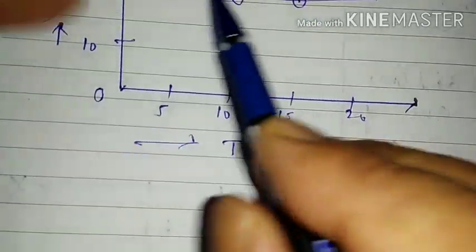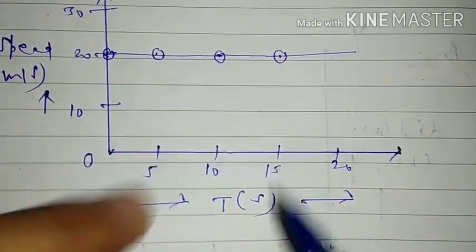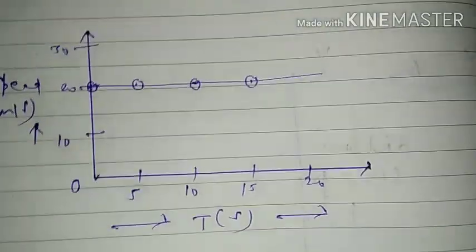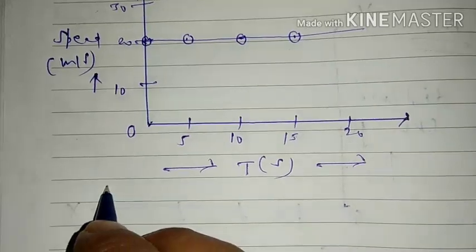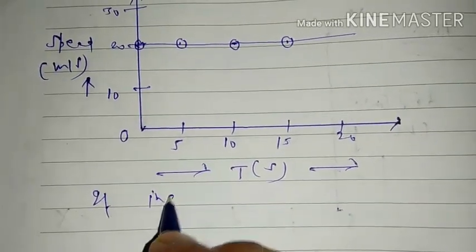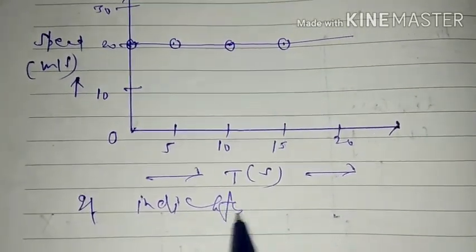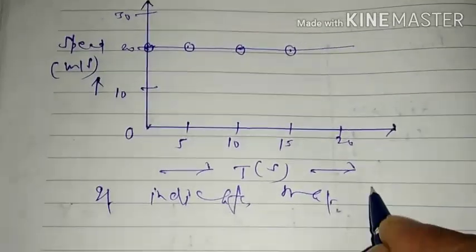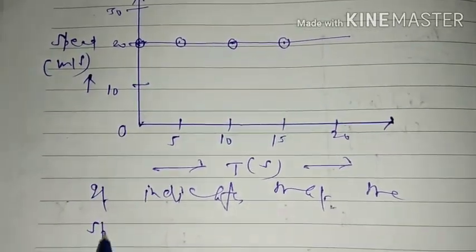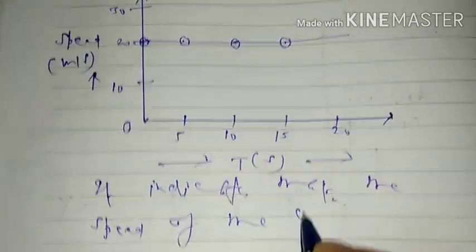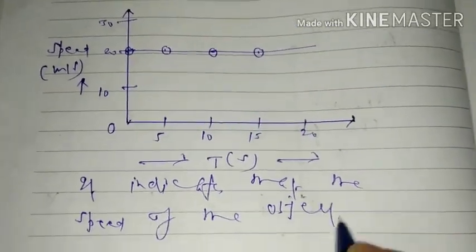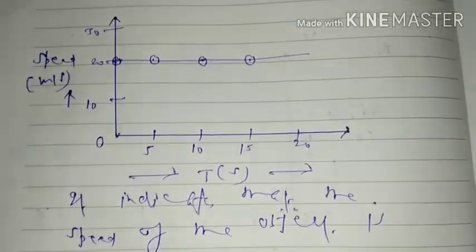So if a speed-time graph is parallel to the time axis, then it indicates that the speed of the object is constant.